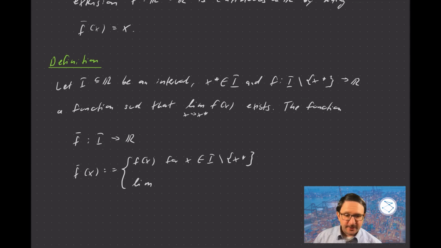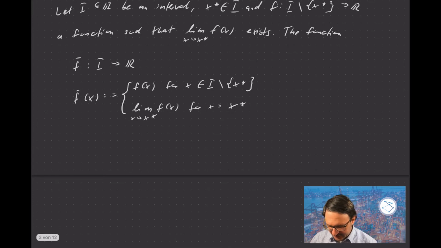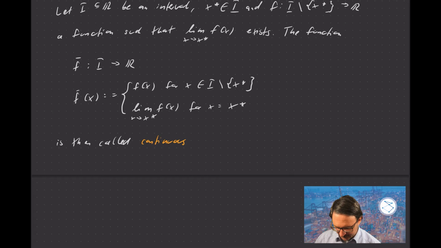And for the only point not in the domain, for x star, we just define the function value as the corresponding limit of f of x as x tends to x star. So this function is then called the continuous extension of f to x star.